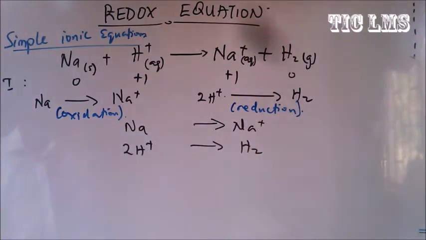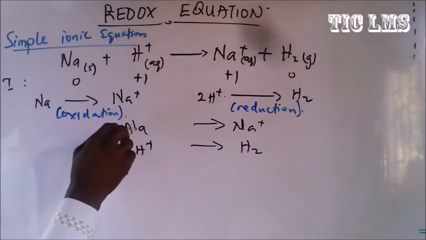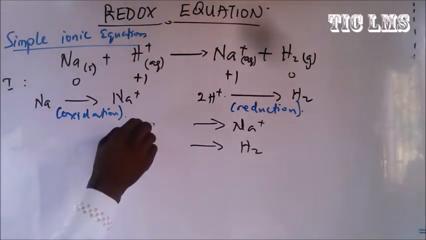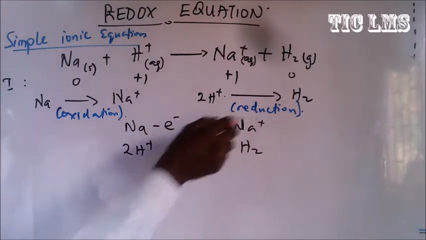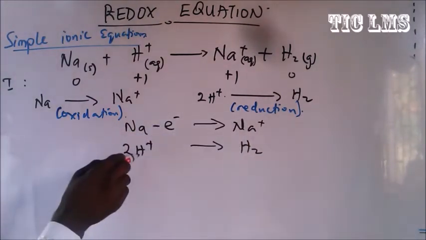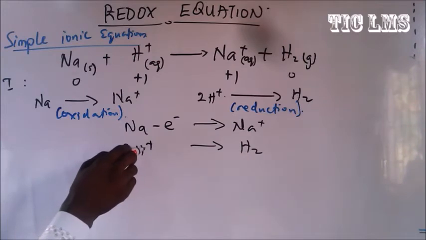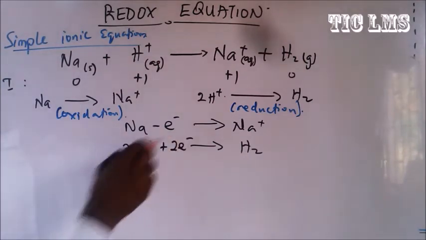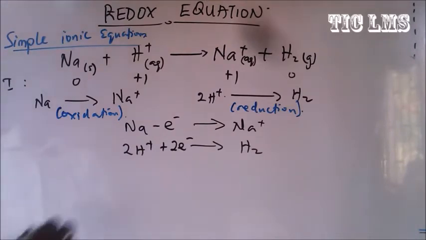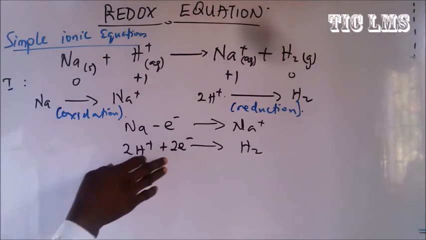And so that means that the sodium atom has lost an electron. When it loses an electron, it becomes Na+. And over here, it means that the hydrogen ion has gained 2 electrons. When it gains 2 electrons, it becomes H2. Now we have balanced the electrons.